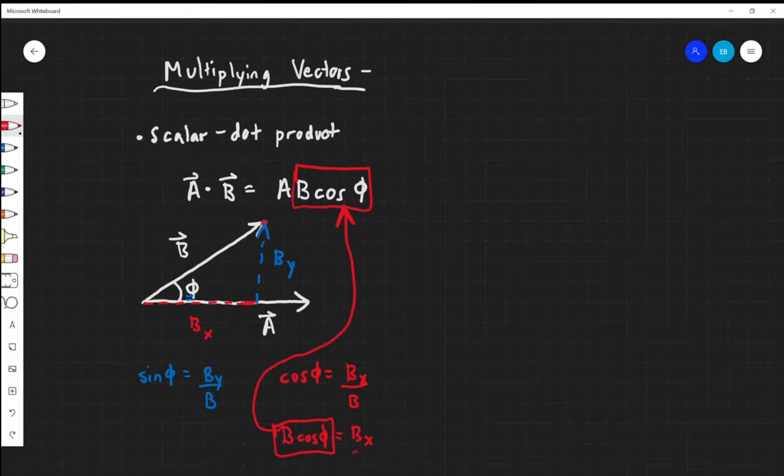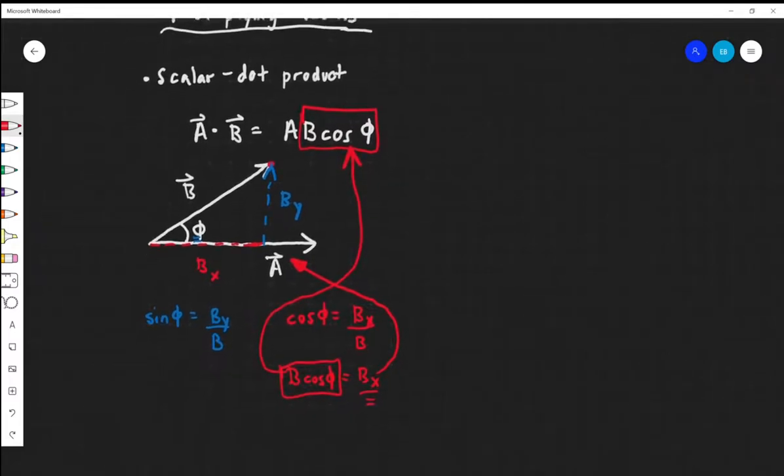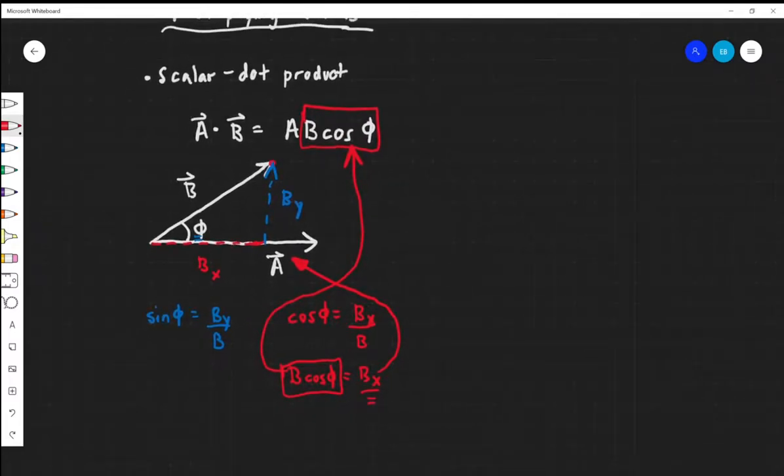The bx we see here is going in the same direction as the A vector. So the dot product selects out and figures out how much of one vector is going in the same direction as another vector and multiplies them together. This has a fancier name. We call this an orthogonal projection.